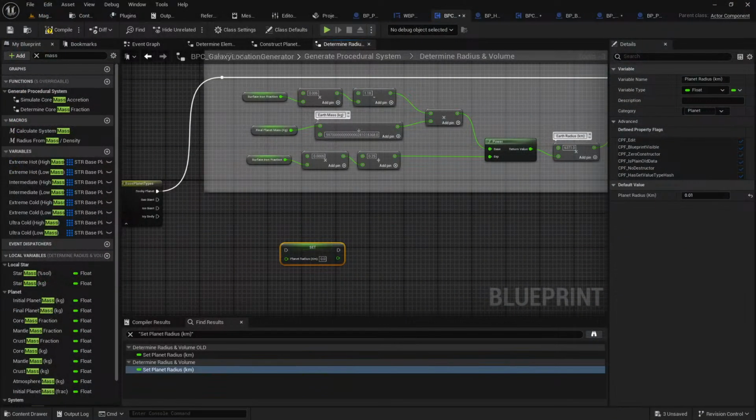Hang on, bear with me. Annoyingly, this data I have only goes up to 32 Earth masses.